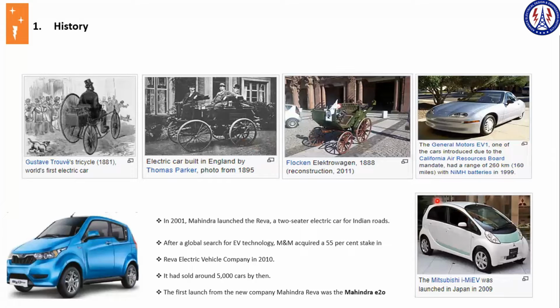If you observe the European market, the US market, as well as the Chinese market, those areas are more focused and technologically more advanced in electric vehicle segments.